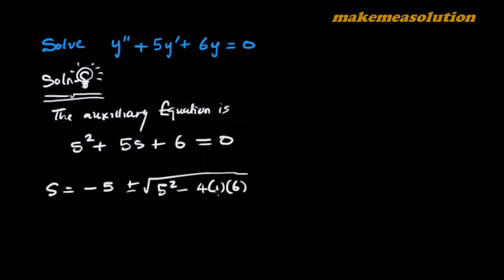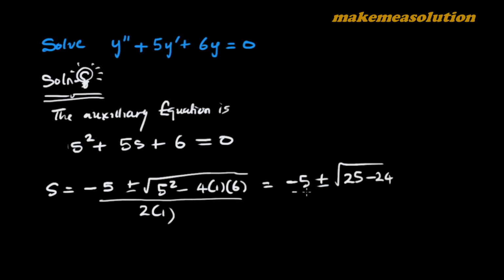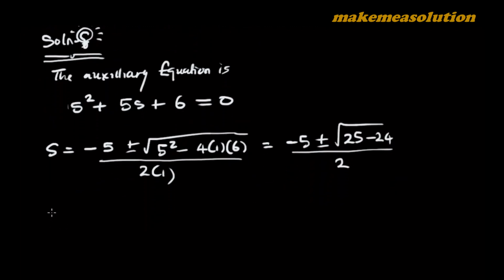So a is 1, then c is 6, all over 2a, 2 times 1. So this is minus 5 plus or minus the square root of 25 minus 24 over 2.